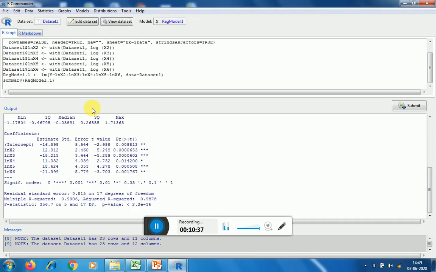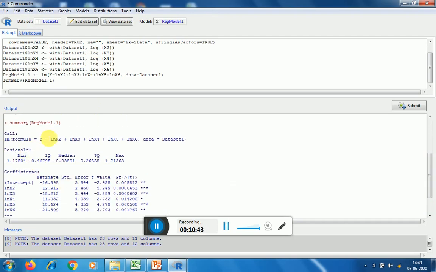Okay. Now here you can see this is the regression equation. Here y is the dependent variable, which is in absolute terms, and the rest of the independent variables are in logarithmic form: log of x2, log of x3, log of x4, log of x5, log of x6.